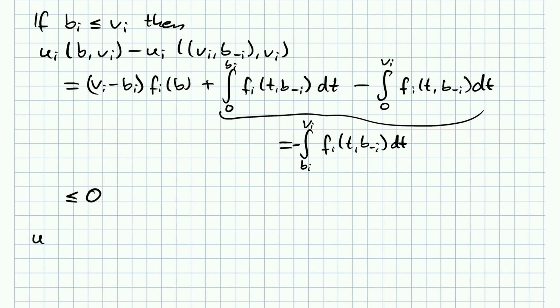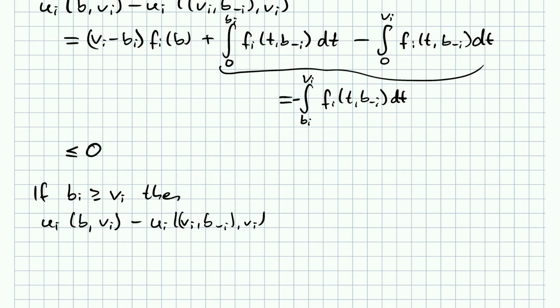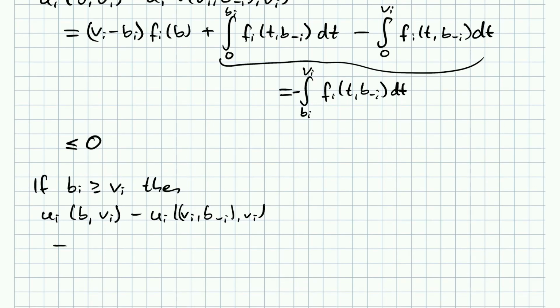Same thing for if bi is at least vi, then ui of (b, vi) minus ui of (vi, b minus i, vi). Then, well, first the same equality holds, of course.